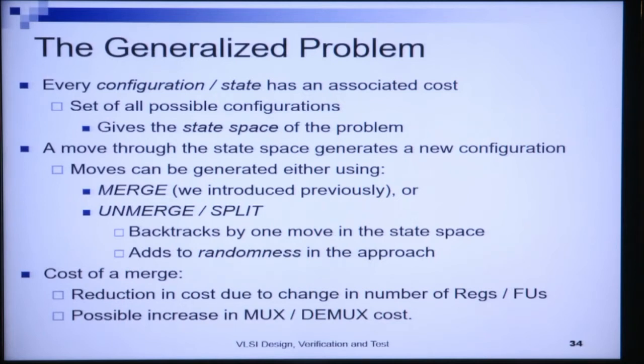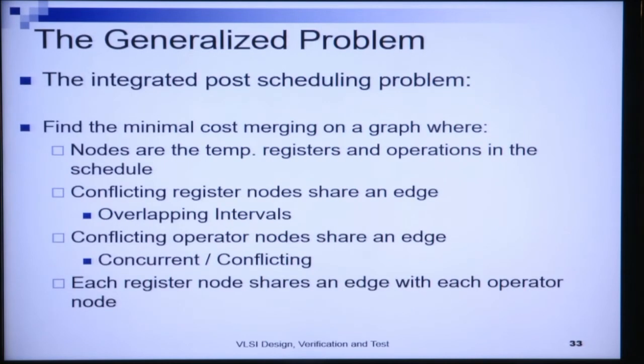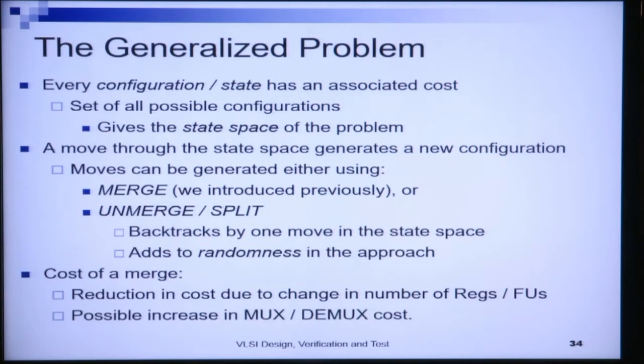So for a given merging that we have, we will have a total number of functional units required for allocation, a total number of registers required for allocation, a total number of muxes and demuxes required for allocation, and that gives the cost of the configuration. The set of all possible configurations gives the state space of the problem.